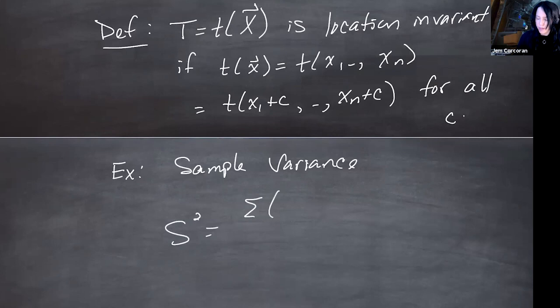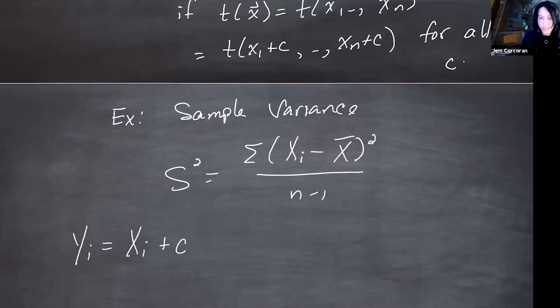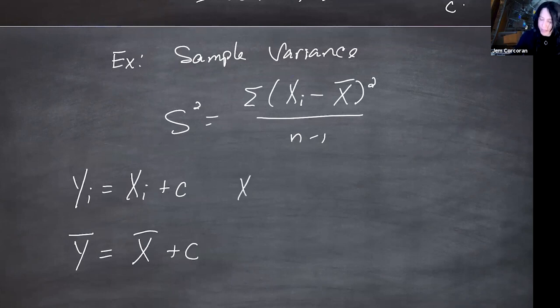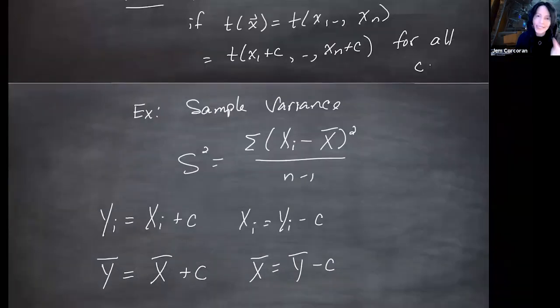The sum of the Xi minus X bar squared over n minus 1. Because if you look at Yi defined as Xi plus some c, then Y bar is going to be X bar plus c. And when you plug in the fact that Xi is Yi minus c and X bar is Y bar minus c, you can rewrite the sample variance in terms of the Y's, and the c's are going to cancel.